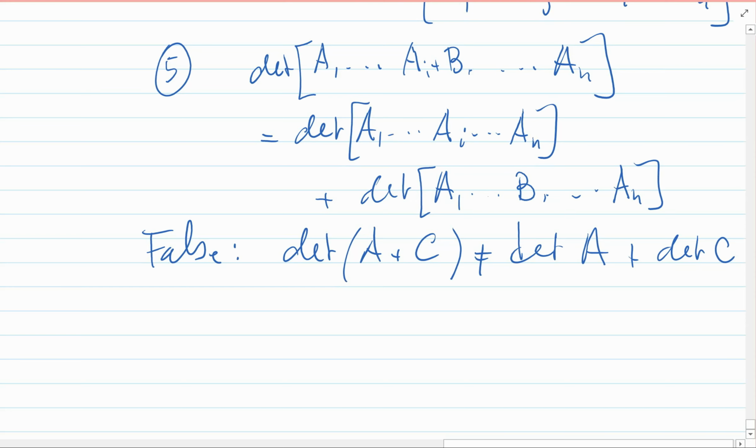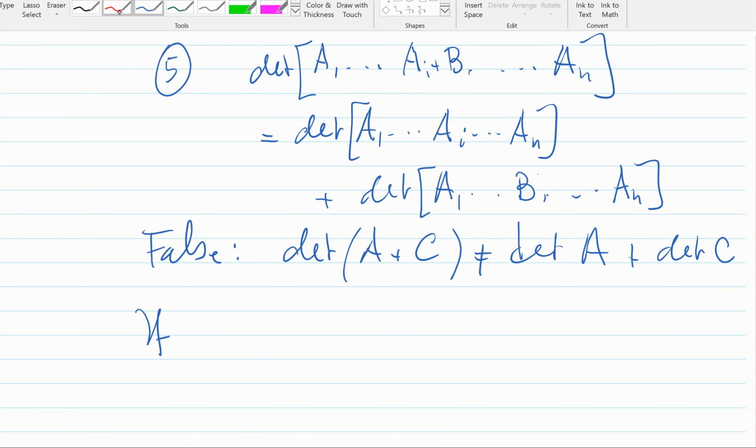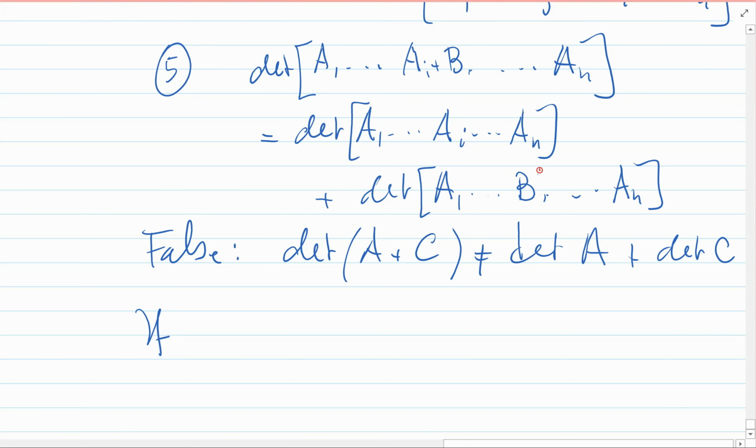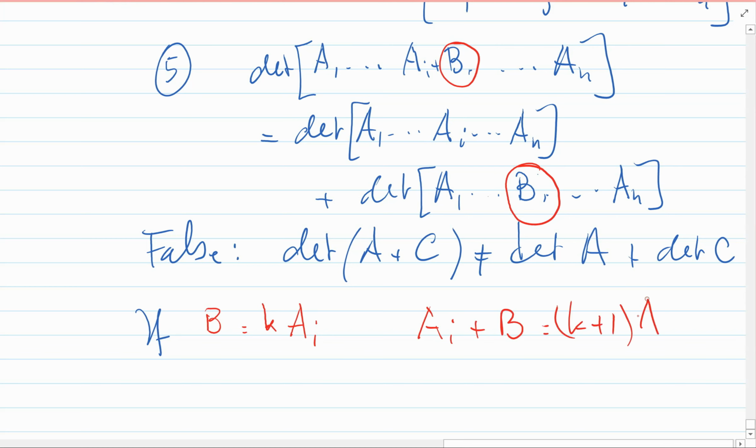Be careful, because if this vector B is equal to a constant times AI, then AI plus B is in fact only K plus 1 times AI, and we can take it out.